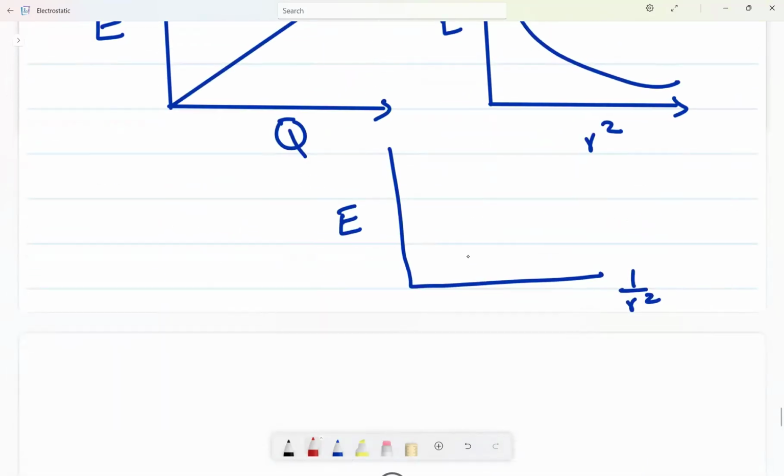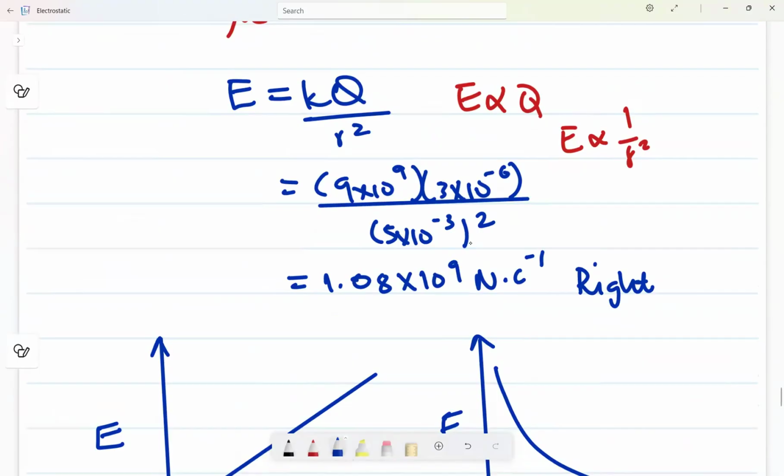So E and 1 divided by r squared will be a direct proportional relationship. Because if we had E against r squared, it would be inversely proportional. But here it is directly proportional to the inverse, inversely proportional to r squared, but directly proportional to the whole part.